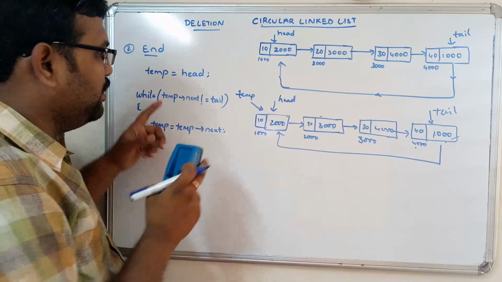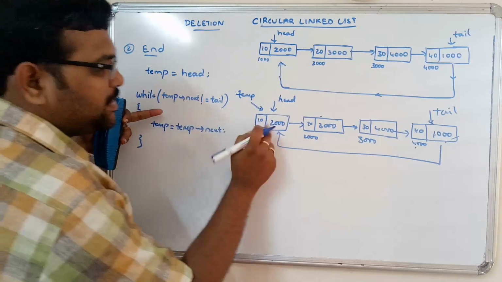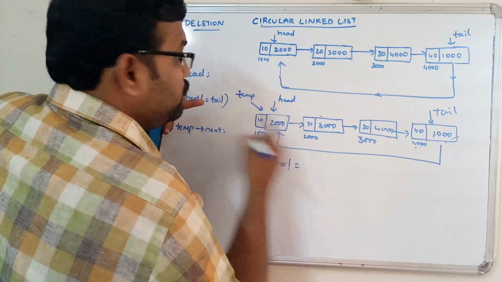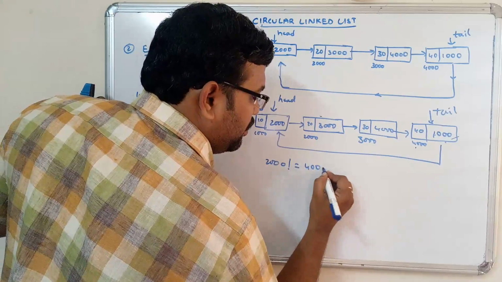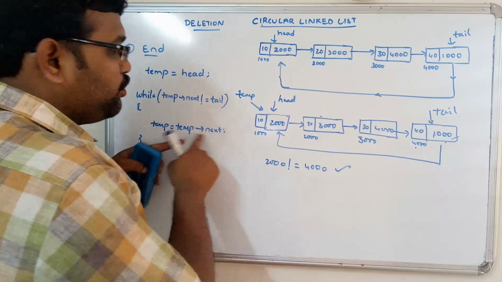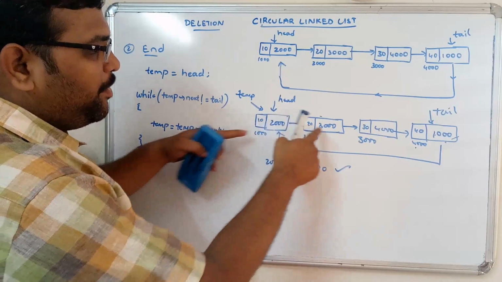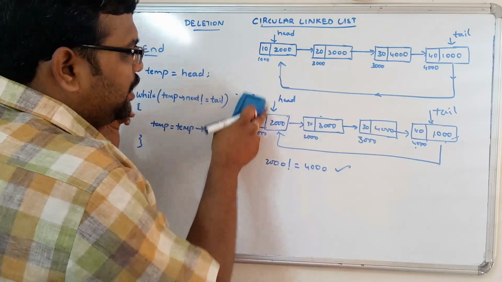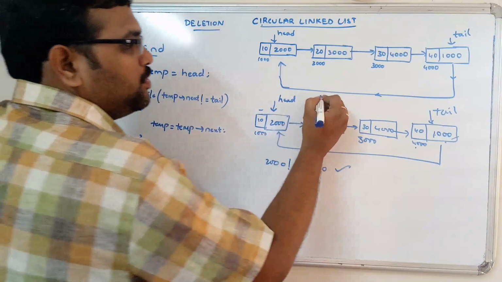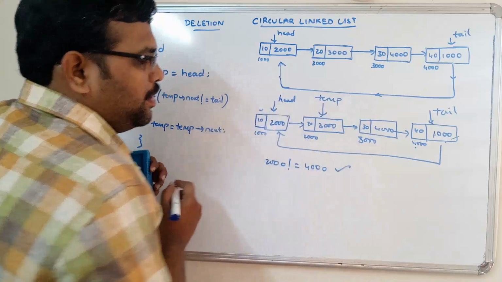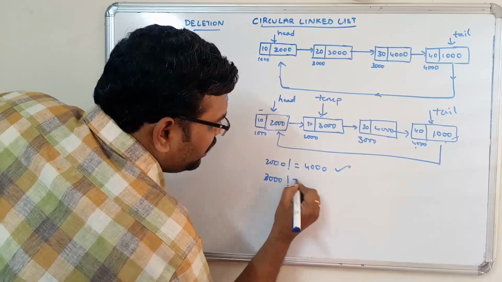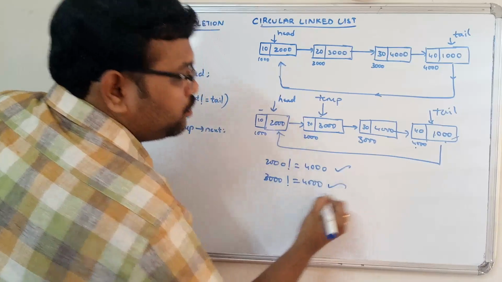Let us test this one. First, temp of next 2000 not equal to tail 4000. True. So temp is equal to temp of next. After the first iteration the temp will be moving towards this one. Now temp of next 3000 not equal to 4000. True.